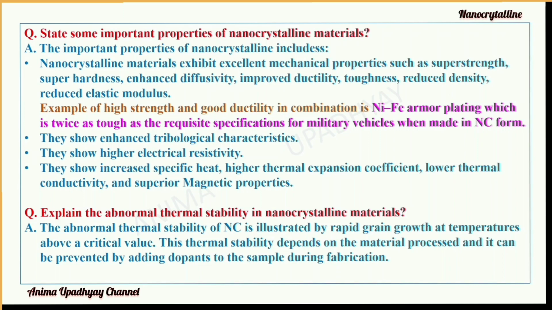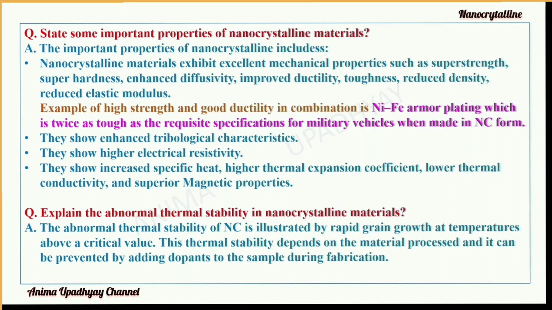State some important properties of nanocrystalline materials. The important properties include excellent mechanical properties such as super strength, super hardness, enhanced diffusivity, improved ductility, toughness, reduced density, and reduced elastic modulus.